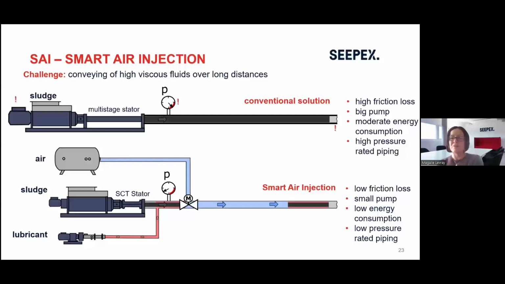And thereby we can push those plugs very easily, just using air injection only 1% of the time, so very low cost on air injection. So this is how we have a low friction loss. We can use a small pump. We're gonna therefore only have very low energy consumption, and we can use low pressure rated piping.